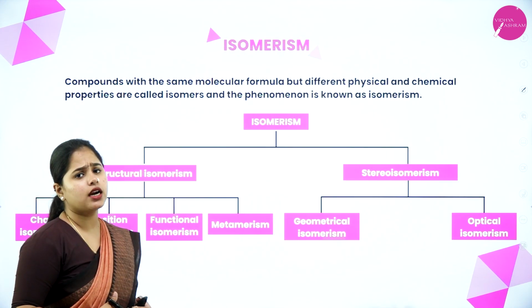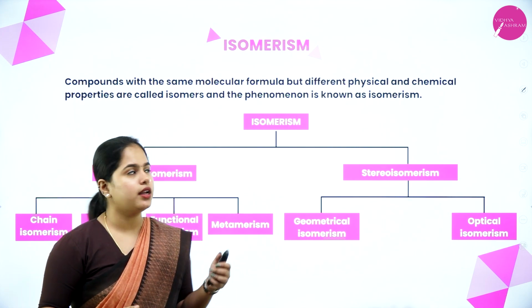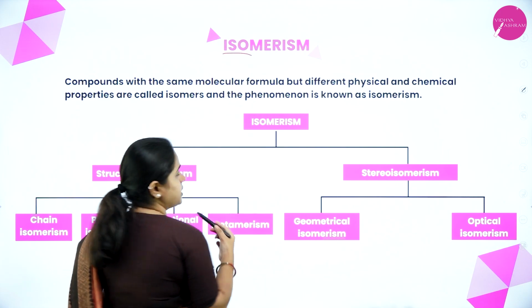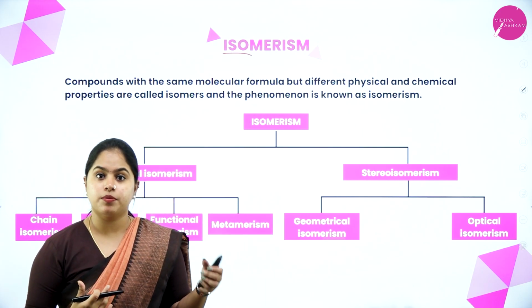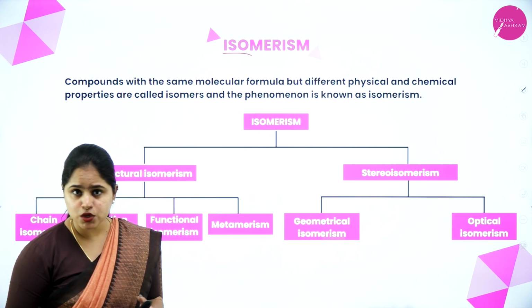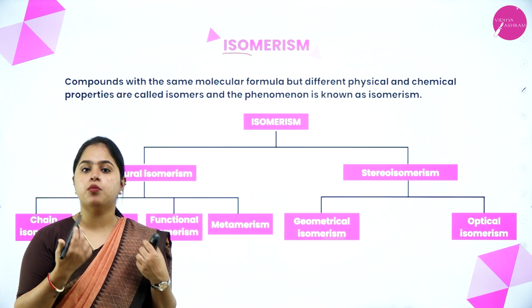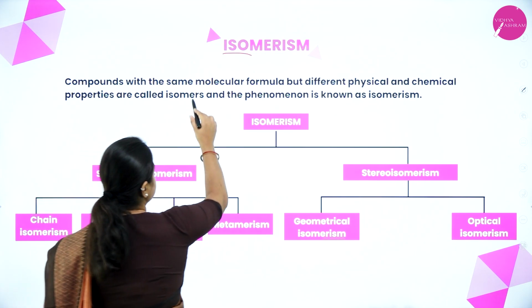Right, now starting with the first topic, that is isomerism. The word iso means something is same here, right? Isomerism, something is same. So let's see what is similar here and what is different here. Isomerism is shown by compounds having the same molecular formula. Yes, this is important.